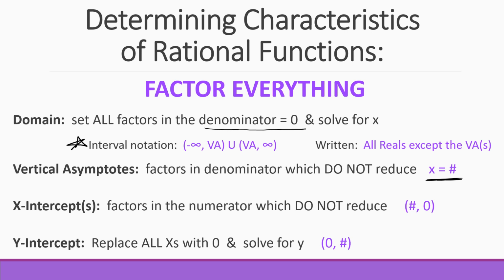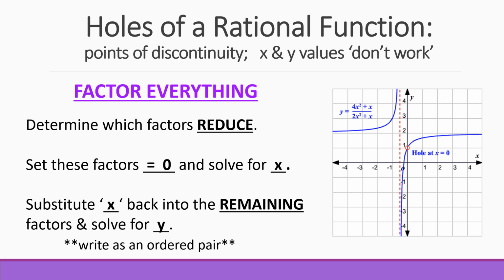X-intercepts, where it crosses the x-axis, are factors in the numerator that don't reduce. Make sure you write them as an ordered pair. And your y-intercept always has a 0 for the x-coordinate, so you'll substitute all x's in the equation with 0 and solve for your y value. Again, write as an ordered pair. Then we talked about the holes of a function.